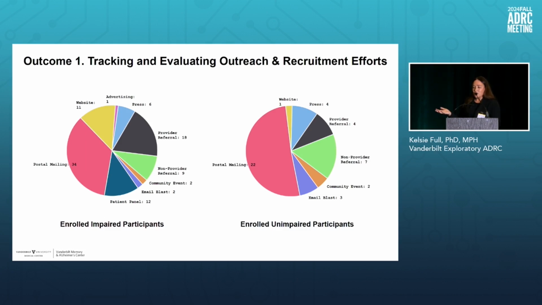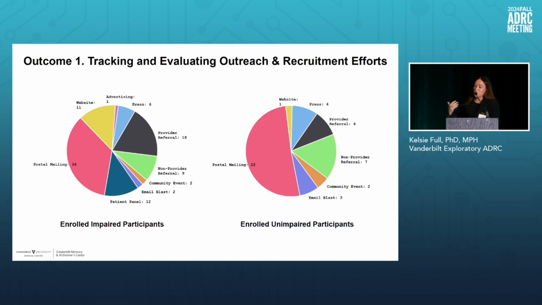So when we first ran this report, we weren't surprised to see that a lot of our impaired participants are coming from patient panels or they're coming from provider referrals, but we were surprised to see that other recruitment activities are doing equally well at generating patients, especially impaired participants.